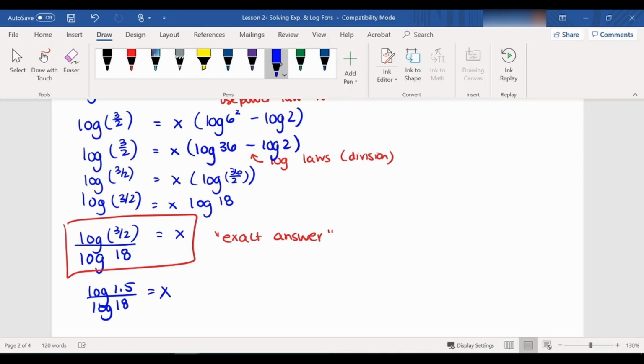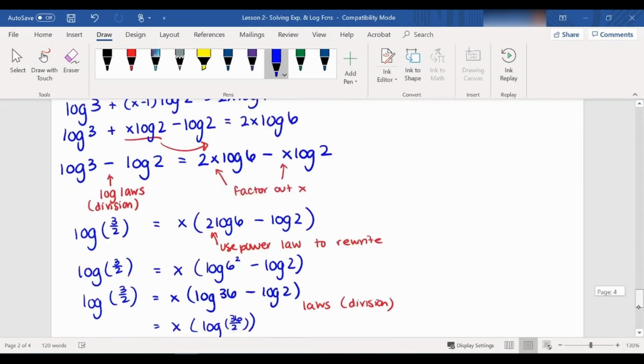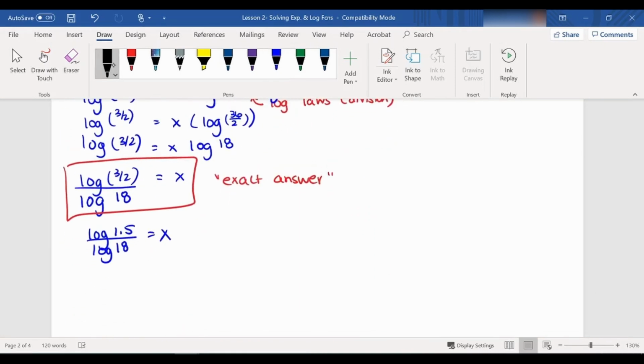If not, if you have the same bases and you have a single logarithm on both sides of the equation, if you have log base a of x equals log base a of y, then x must equal y.